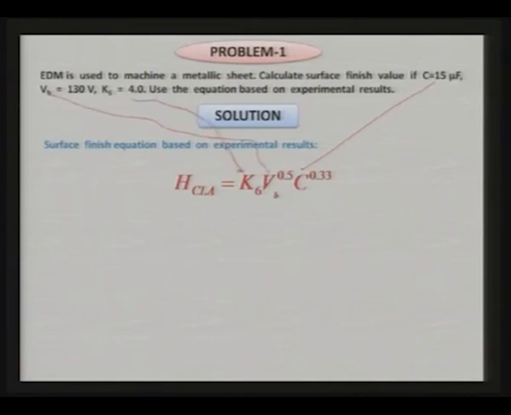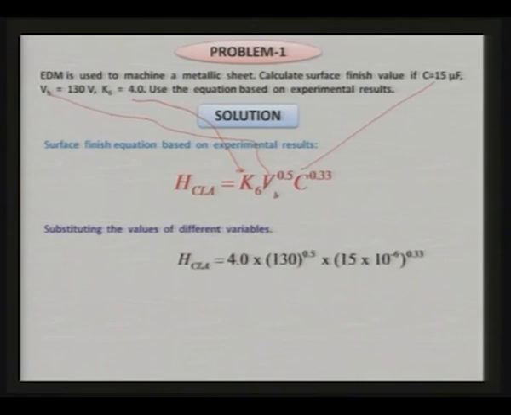Substituting these values in this equation, we get HCLA equal to 4 into 130 raised to power 0.5 and 15 into 10 raised to power minus 6, because this is in microfarad, raised to power 0.33. If you solve this, you will get HCLA equal to 1.17 micron.